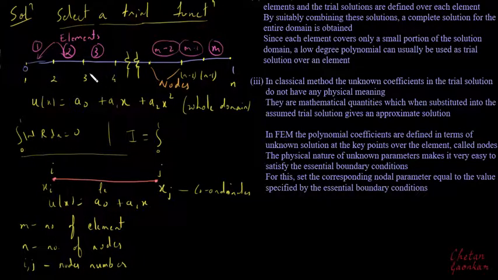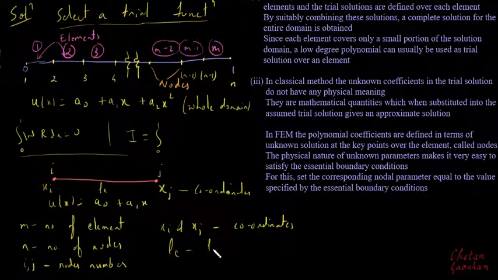For example, if I'm picking up this third element, then I will be 3 and j will be 4. If I'm picking the element from here, then I will be 2 and j will be 3, and so on. Xi and xj are the coordinates. To be more specific, they are Cartesian coordinates.